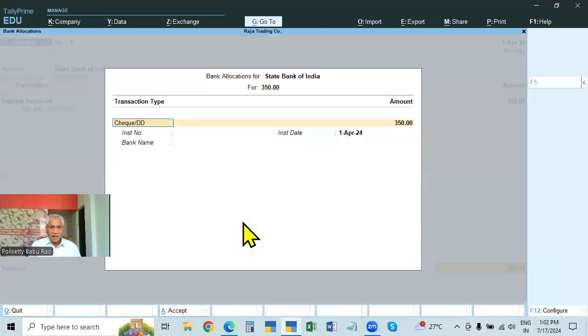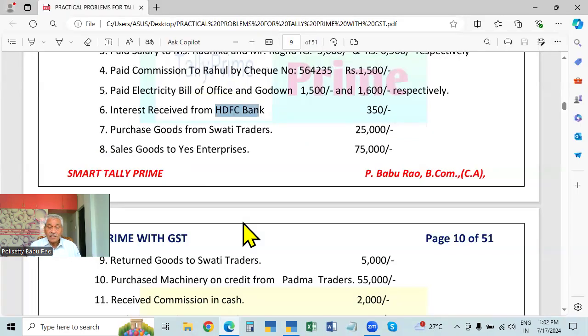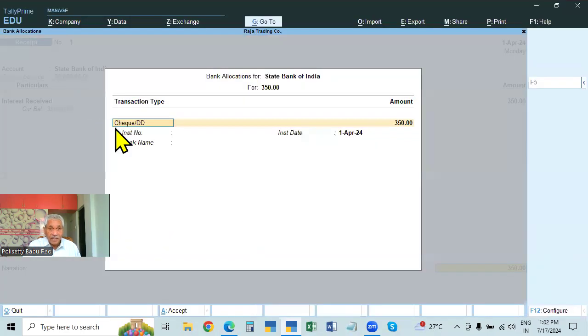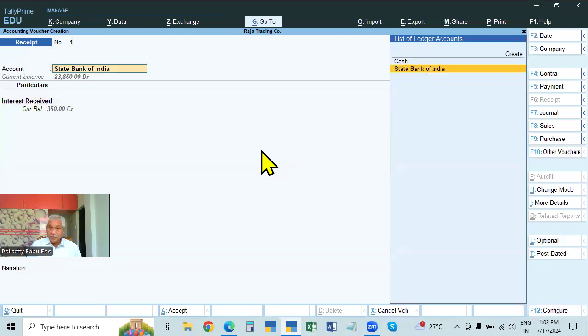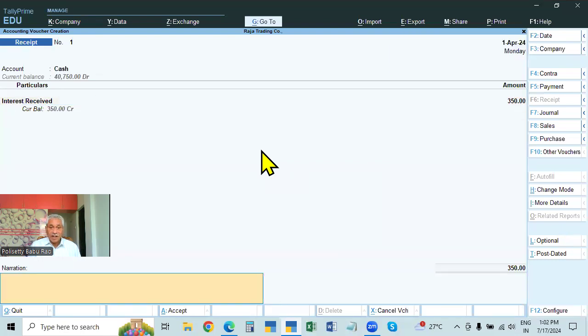Okay. And here, when you are giving the name of the bank, it will show the transaction type, cheque or DD, but actually it is directly deposited in our account. If we take it as cash, then it will not ask anything.